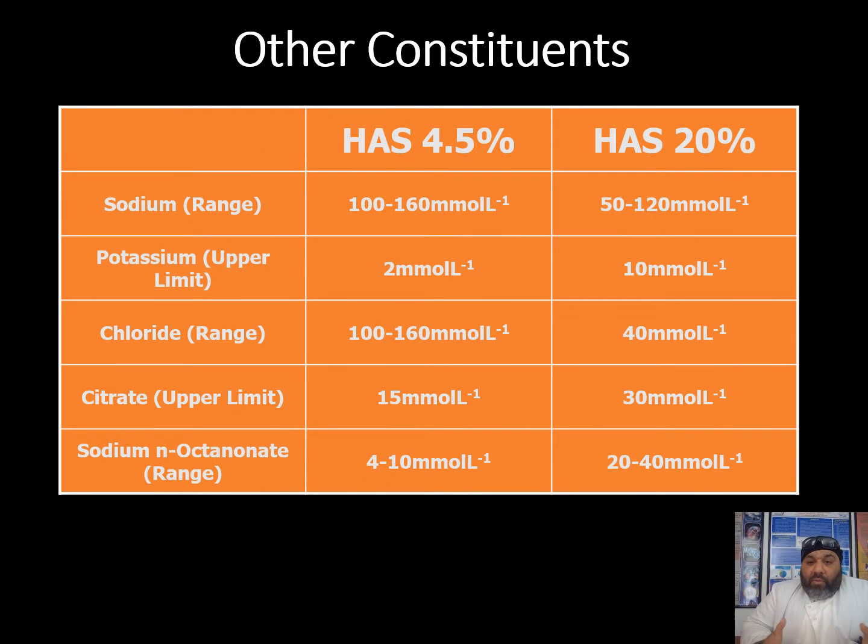Now, there are other constituents. HAS 4.5% and HAS 20% have different amounts of content relating to different constituents, such as the sodium I mentioned, but there's also potassium, chloride, citrate, and another derivative of sodium as well.